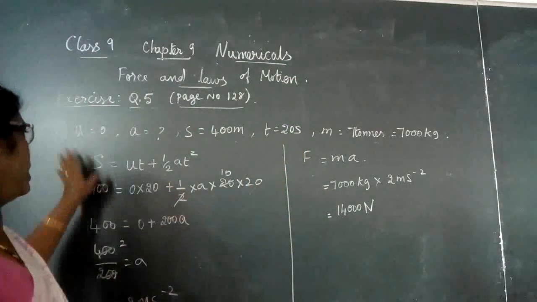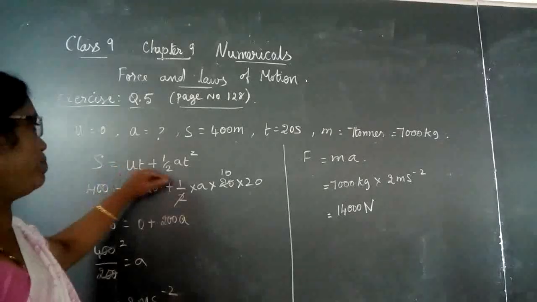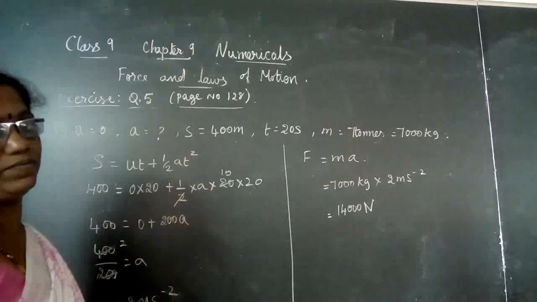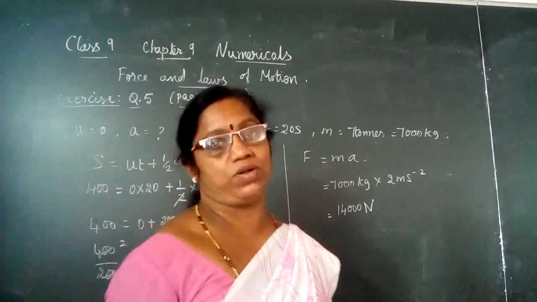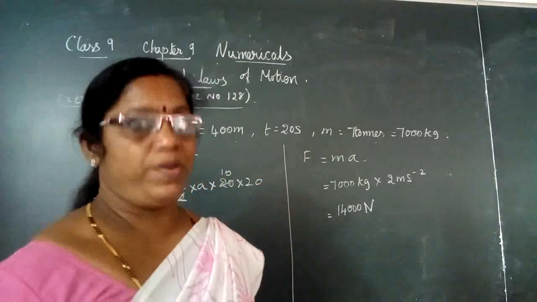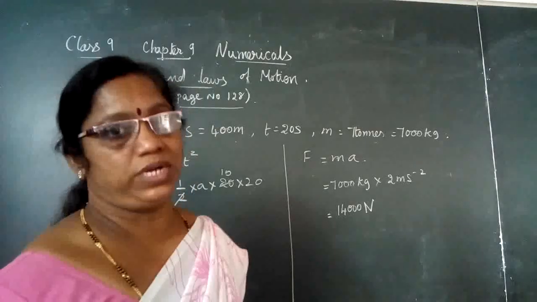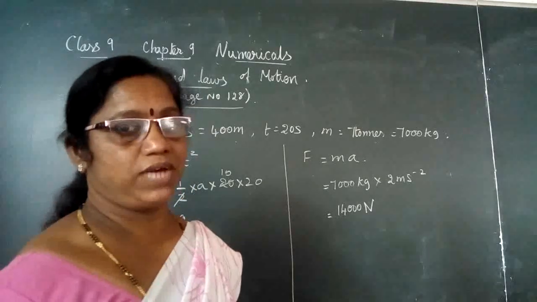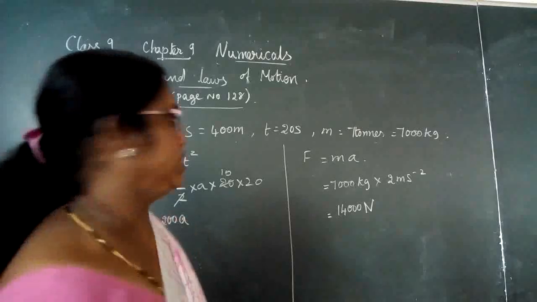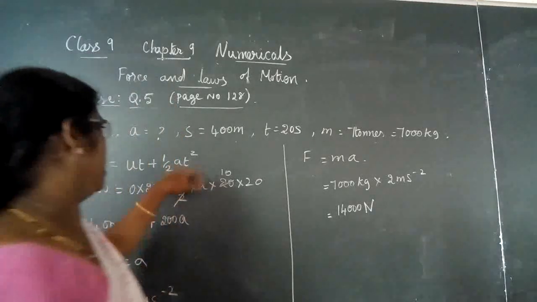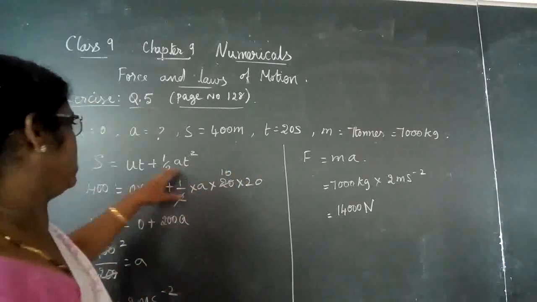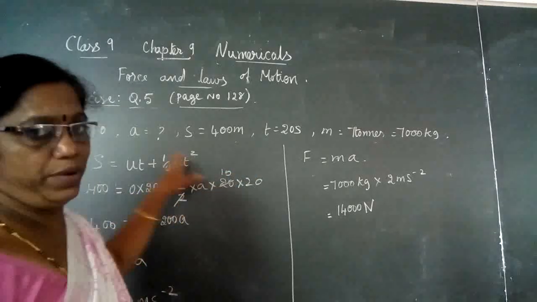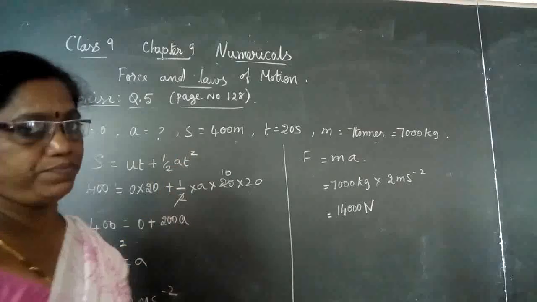According to that, s is equal to ut plus half at square. In the other two equations, final velocity is also involved. When we have two unknown terms, it is difficult to calculate the value. So in the second equation, all the values are given.